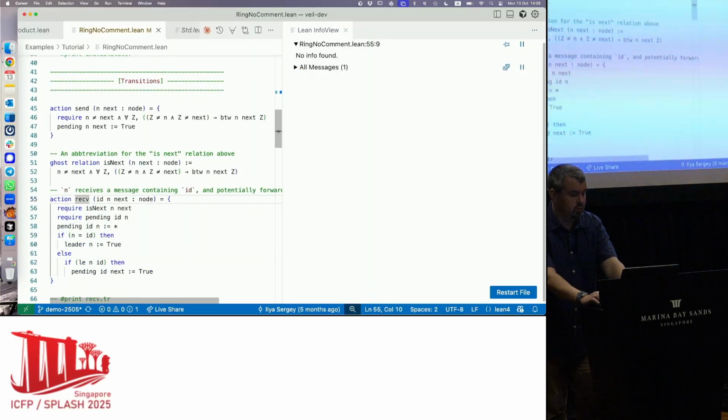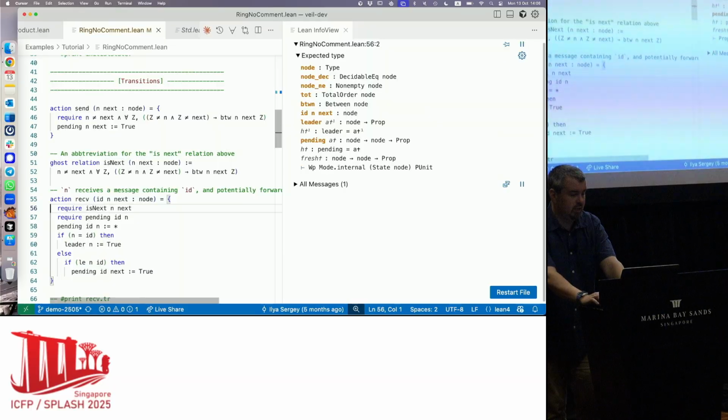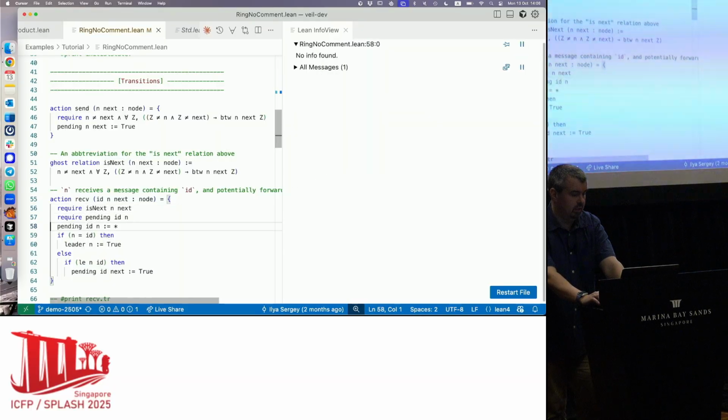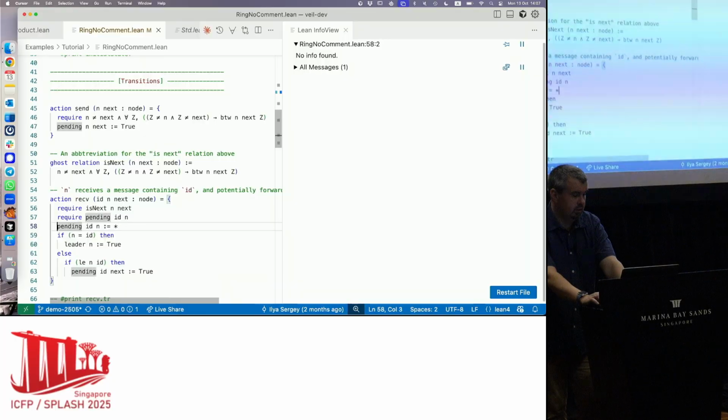So when a node receives a message with the ID of the sender in it, certain things might happen. We know that in this case, this message should be present, the message from some ID to the node n. And here, just for the fun of it, we might decide to keep this message, and this is a funny feature that allows you to model things such as non-deterministic duplication of messages.